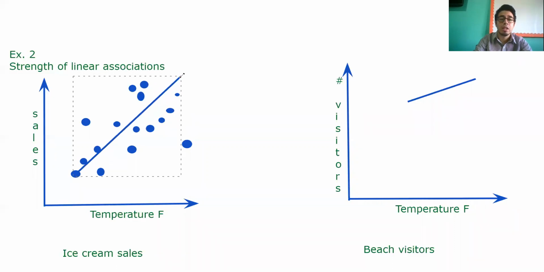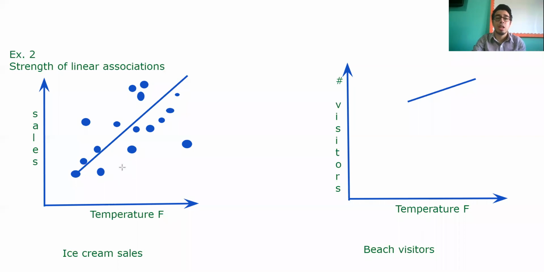But the idea is that you complete first graphing all the points and later you draw the trend line to see what's happening in the graph. So you can see that this is adjusting like a line. You are adjusting the points like a line, but they are separated. So this is a weak association. Different from what we have on example 2 for the beach visitors.